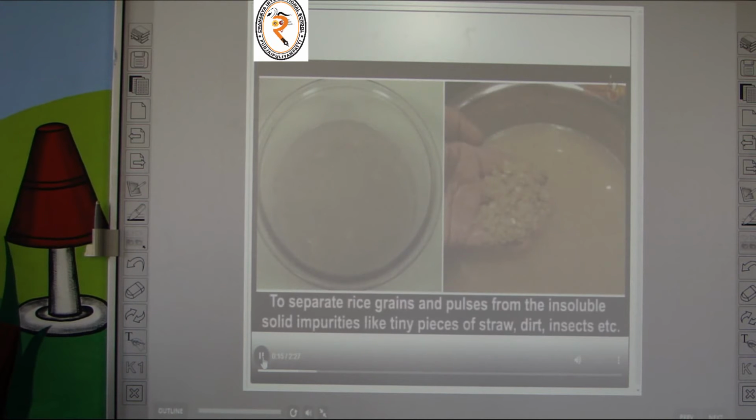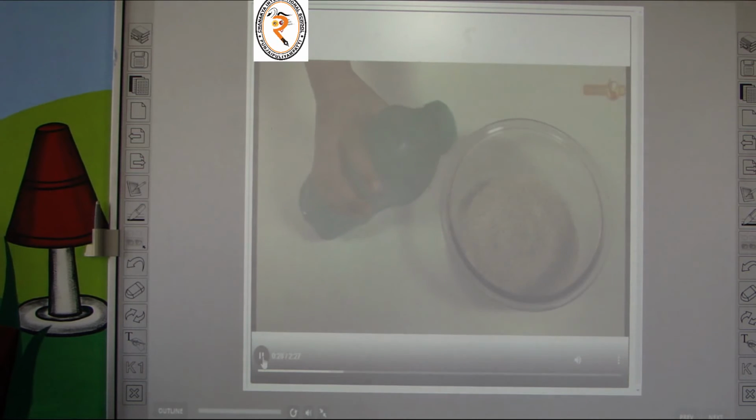She does this to separate rice grains and pulses from insoluble solid impurities like tiny pieces of straw, dirt, insects, etc. When you add water to the rice grains, impurities like dust and soil particles go into the water, which becomes a little dirty.